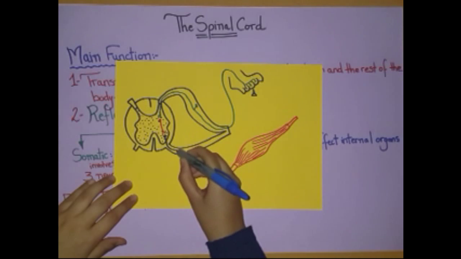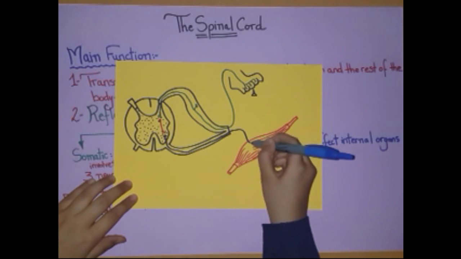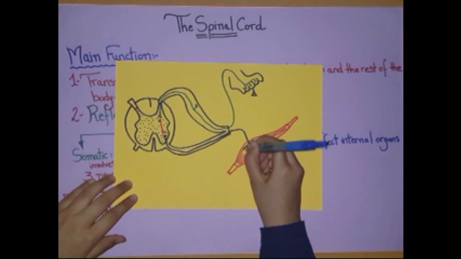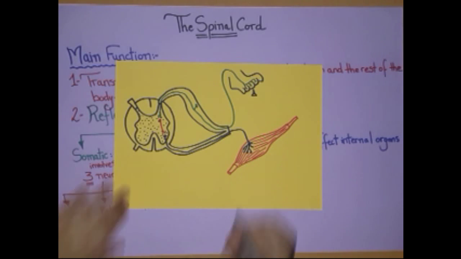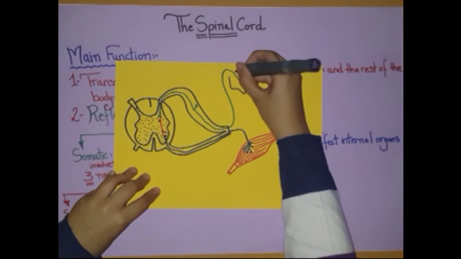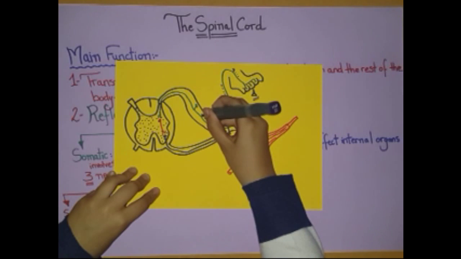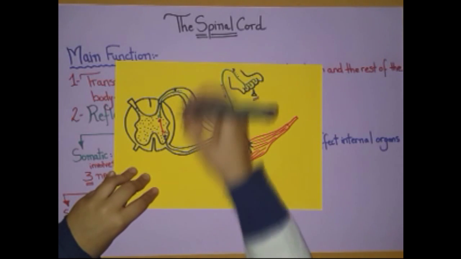Once it synapses with the relay neuron in the gray matter of the spinal cord, the relay neuron, which is the bridge between the sensory neuron and the motor neuron, will synapse with the motor neuron. The motor neuron will then transmit the impulse to the effector.